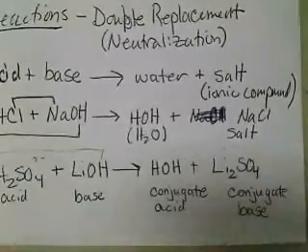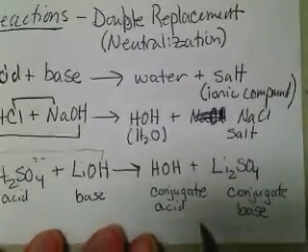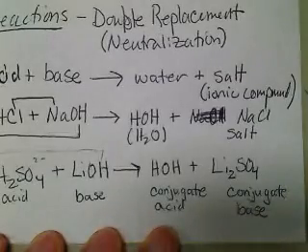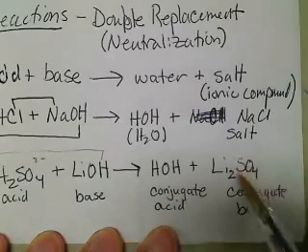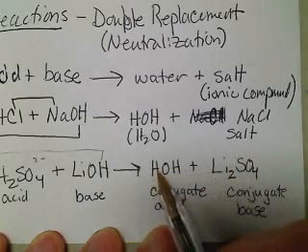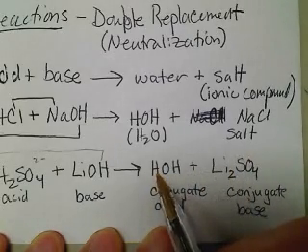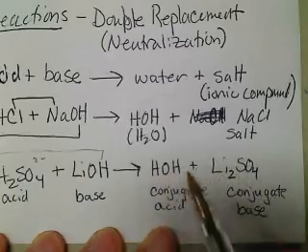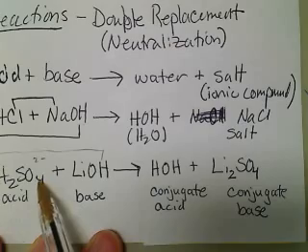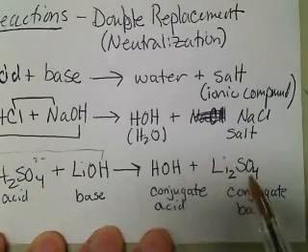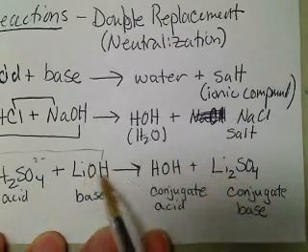Okay. And we'll explain this a little bit more to you, but the reason is because if I go backwards in this equation, okay, this SO4 is going to come over here and it's going to steal this H+, so that it now becomes H2SO4, right? And then this lithium and the hydroxide is going to go back together.